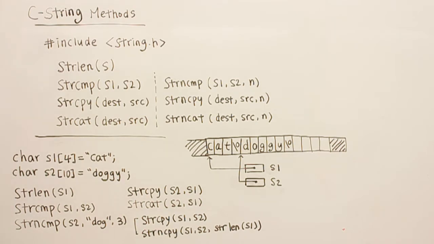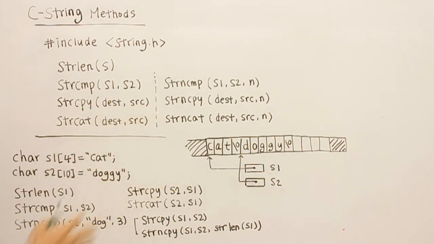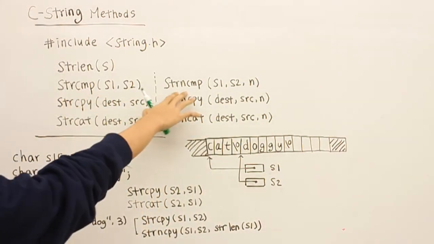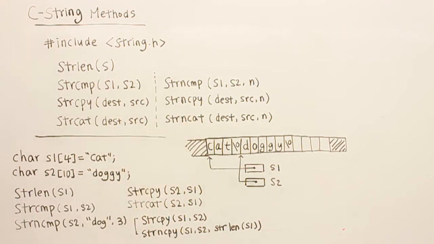Since a C string is basically an array of characters and we don't really know how many characters there are in the C string, these library methods have another version which takes into account the number of characters that you want to play with. So for strcmp, you have strncmp, and strcpy, strncpy, and you also have strncat.